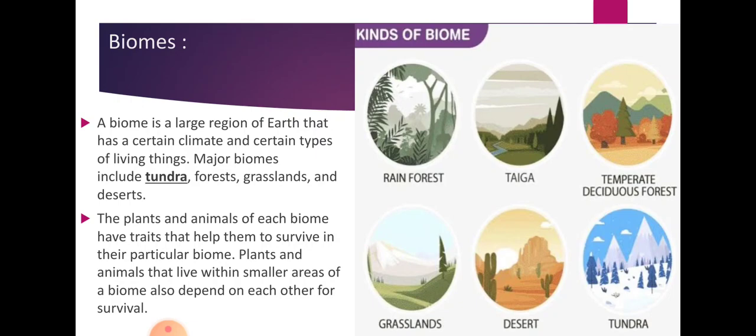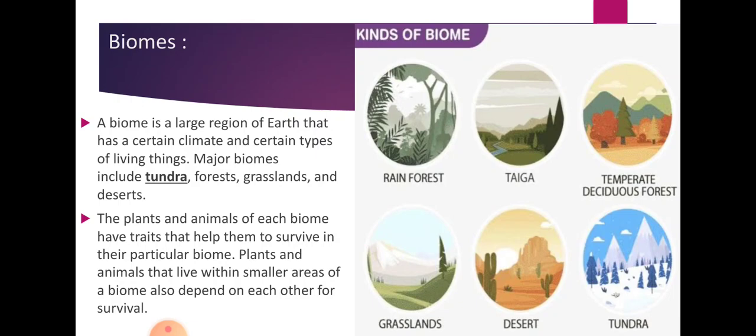There you can see rainforest, taiga, temperate deciduous forest, grassland, desert, tundra. Wherever a particular biome is found, it has its specific features. If I give you the example of a desert of India, that is the Thar desert. The animals found in that desert are almost the same as the animals found in the Sahara desert, because they both lie in the hot desert.